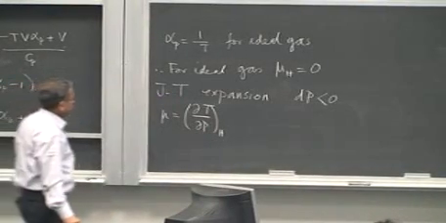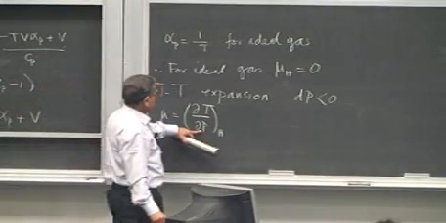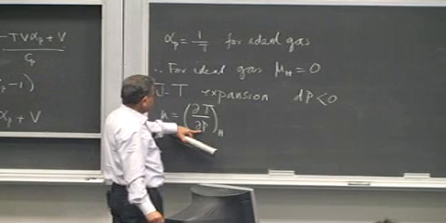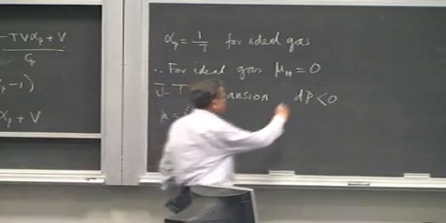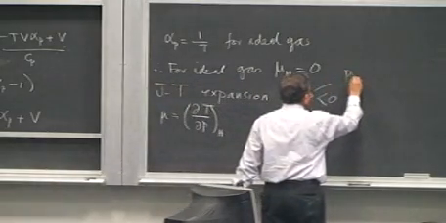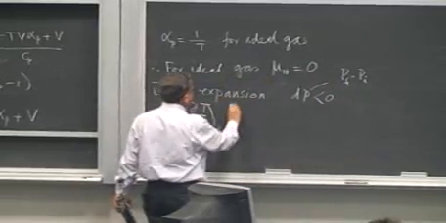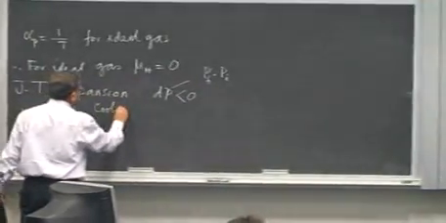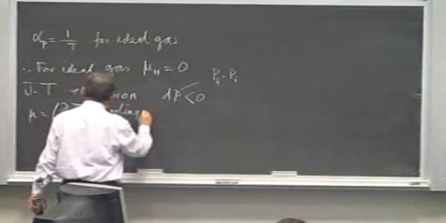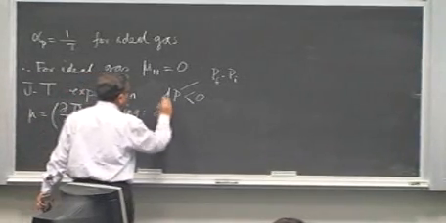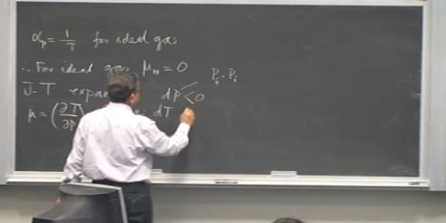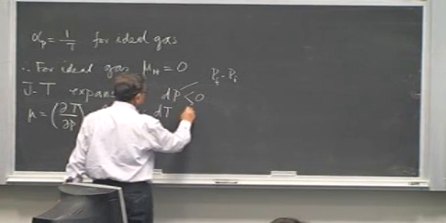this quantity, if this is expansion, dP is negative. dP means P final minus P initial. Then cooling would amount to dT being also negative.